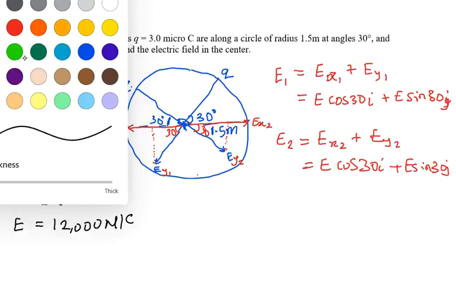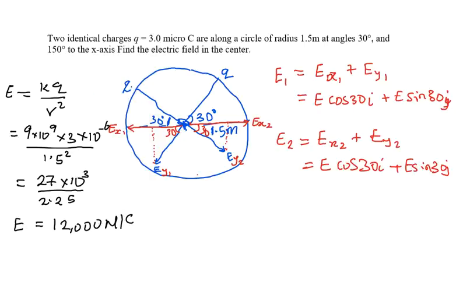Before we do that, let's keep in mind that sine 30 is equal to 1 over 2, and cos 30 is equal to root 3 over 2.